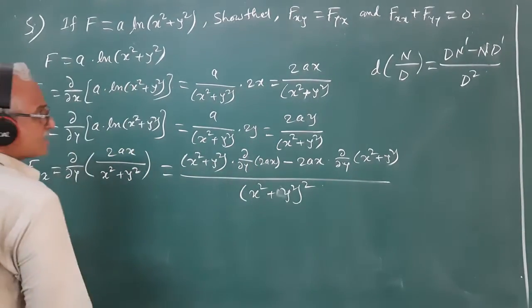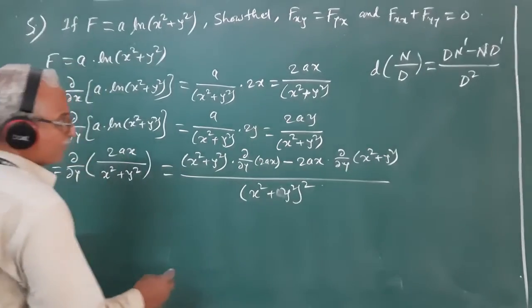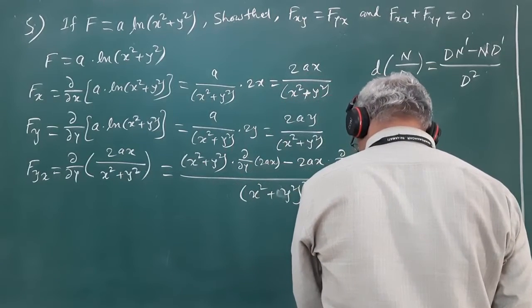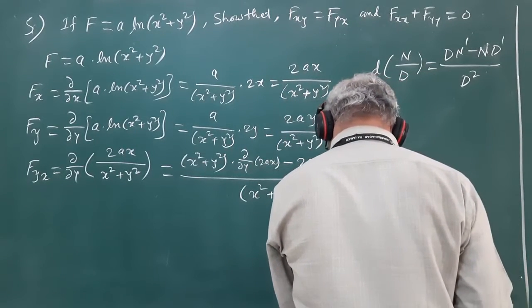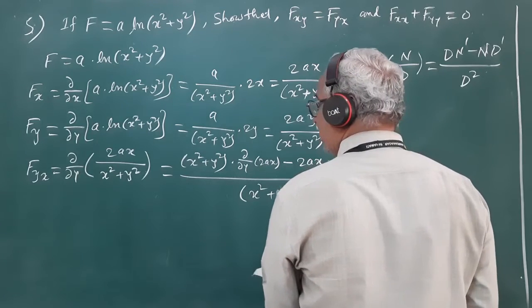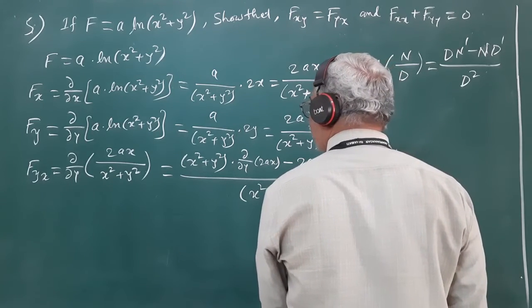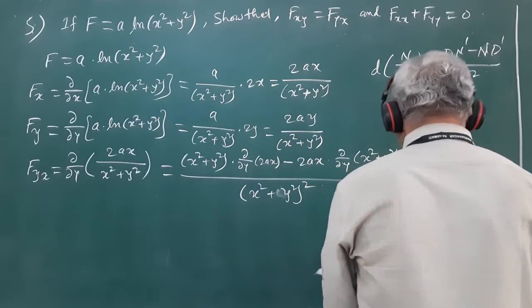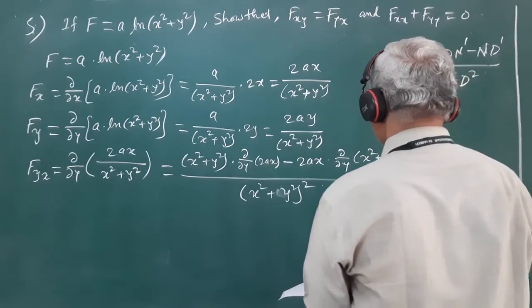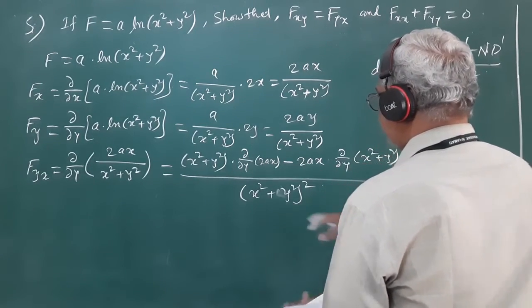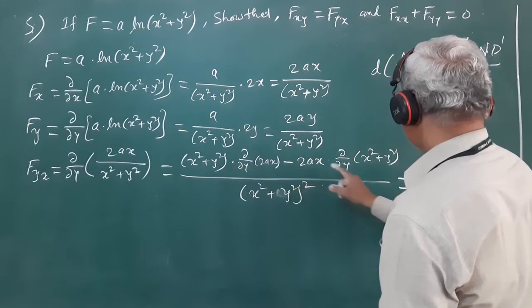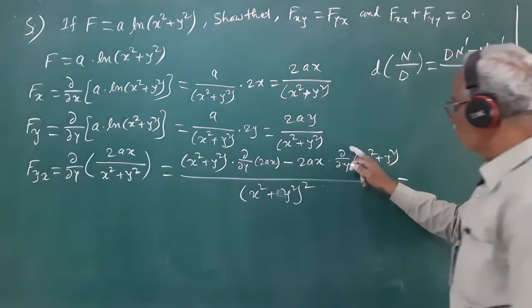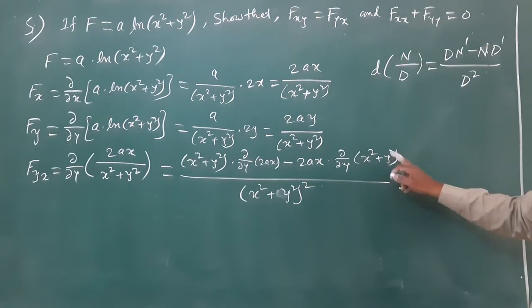So this works out to be minus twice ax into dou y of x square plus y square, which is twice y.